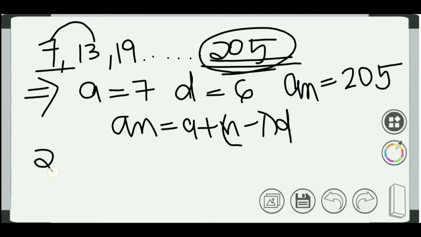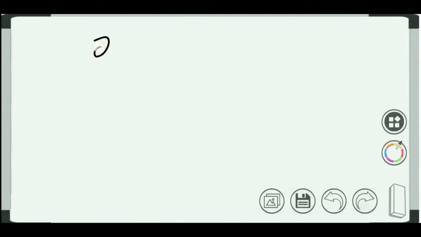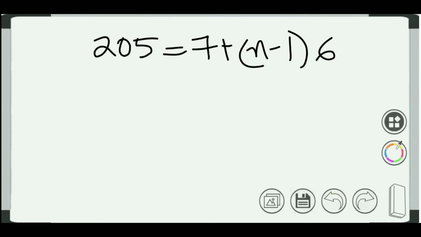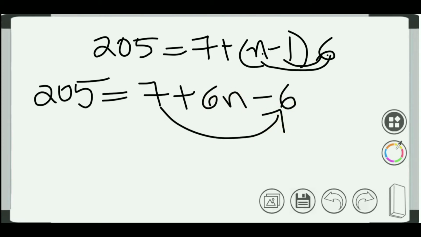Now you can find n. 205 is equal to 7 plus n minus 1 into d, which is 6. Same way, I am giving this 6 to n and minus 1: 6n, and 6 into minus 1 is minus 6. 7 minus 6 is 1, plus 6n.